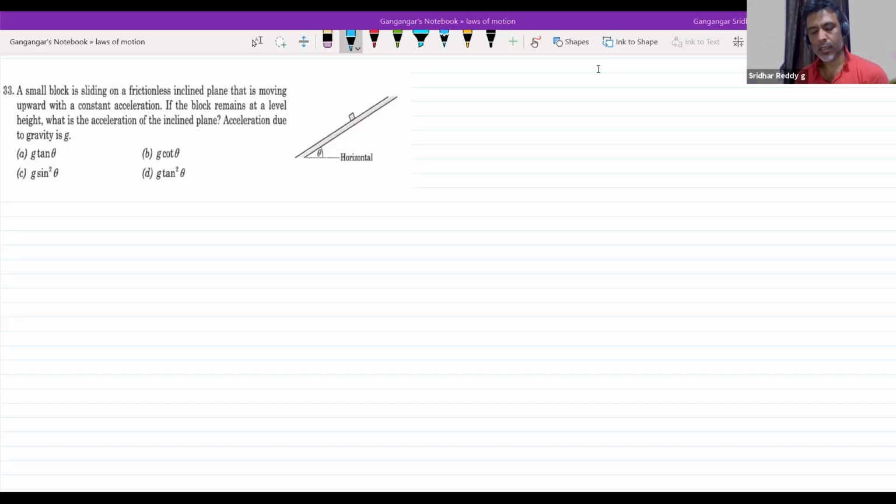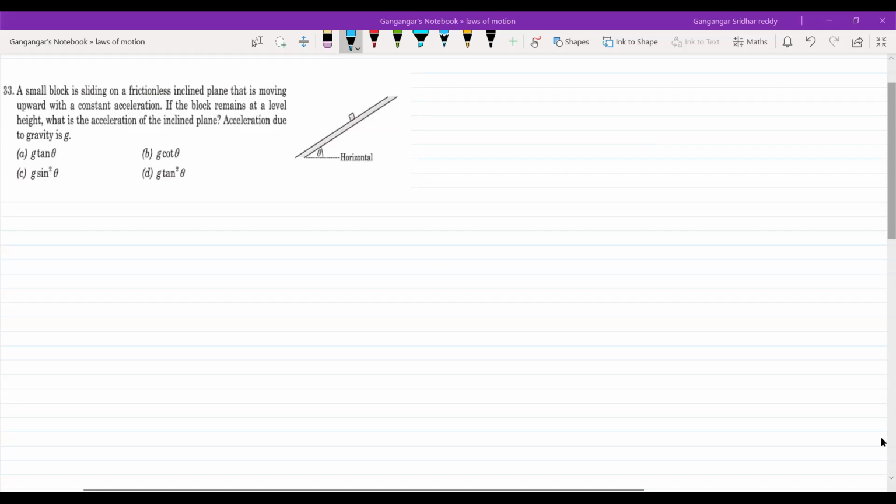Sir, does the block remain at a level height with respect to the incline or with respect to the ground? Read the question. What is the convention?